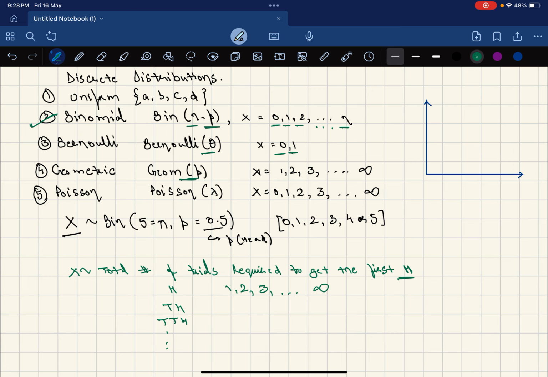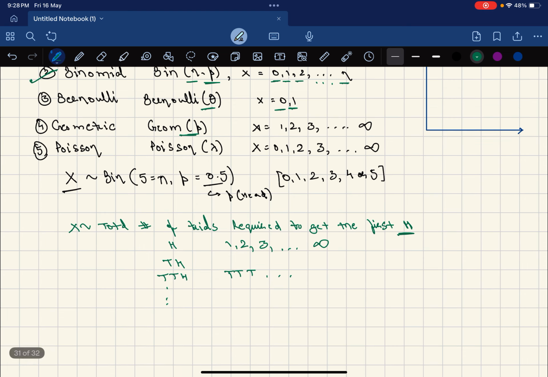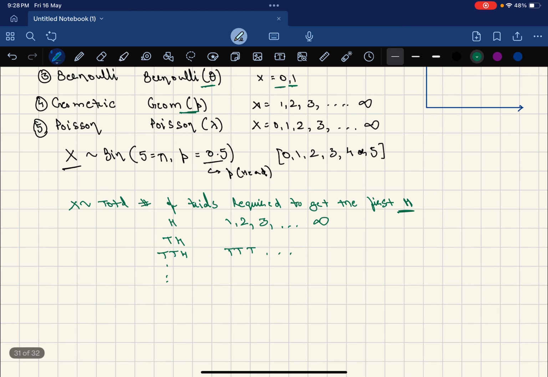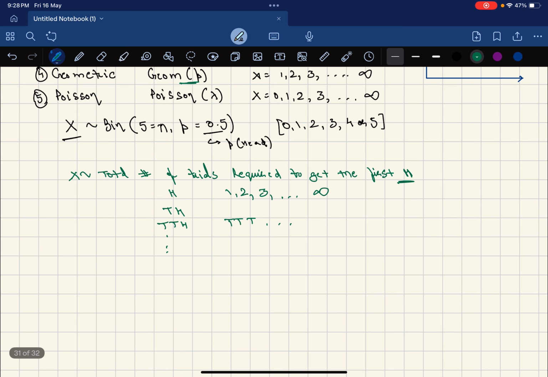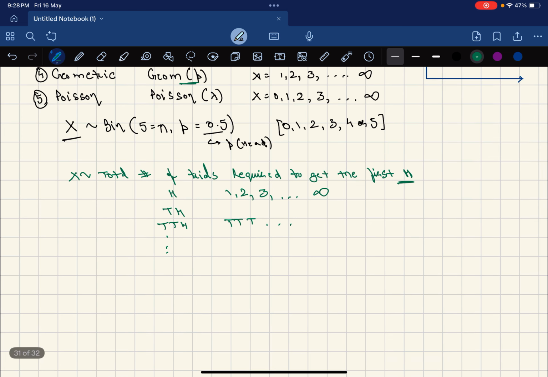So we can always keep getting tails, which would be highly unlikely and of very low probability, but still we can have a case where we keep getting tails, and therefore the value of x can be as large as possible. Now one thing to note here is, even though x could be as large as possible, almost tending to infinity, the values of x are still countable here, and they can be put in a discrete way.